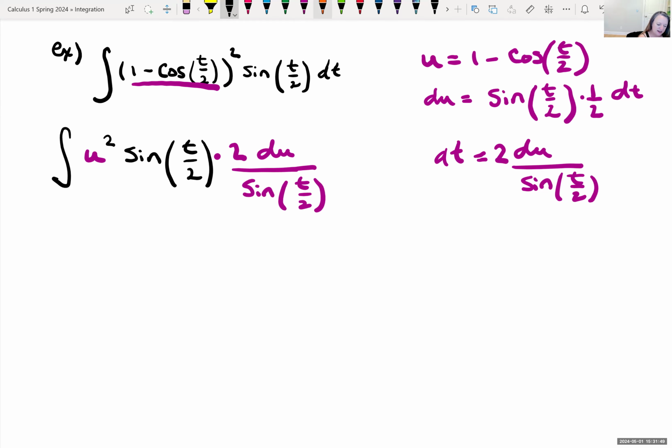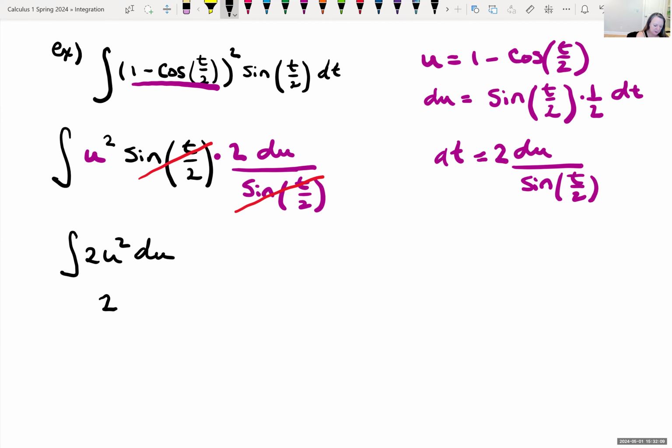So notice what we wanted cancels out. The sine of t over 2 goes away with this. And so now we're just left with the integral of 2u squared du, which isn't too bad to integrate.